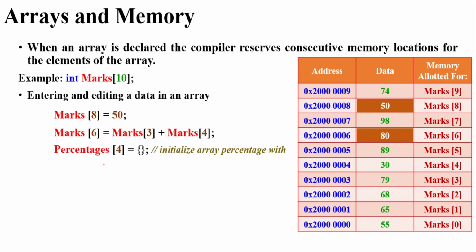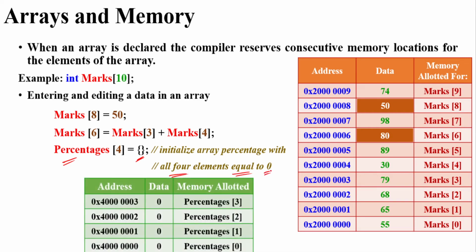Anyway, similarly we can have percentages bracket 4, and we can initialize this particular array with null elements. In that case, all the 4 elements of the variable percentages will be equal to 0. For example, like this. The new memory location for the variable percentages starts from 4000 and the indexing goes from 0 to 3.